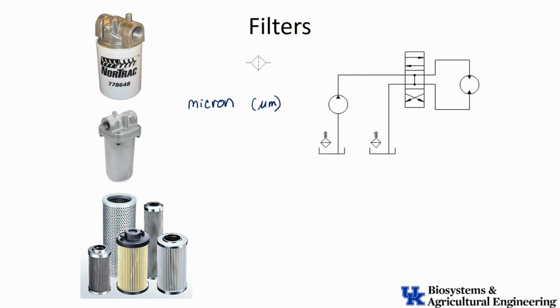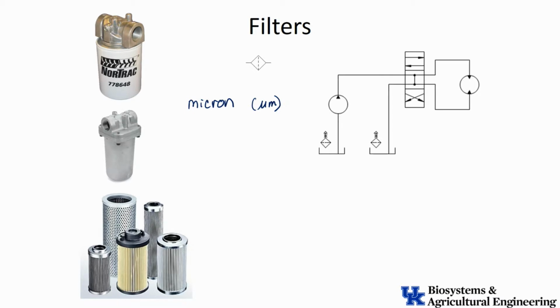We have to know the nature of our hydraulic system to know what size filter we need. We need to know the tolerances on all our valves and the clearances and everything. So we want to filter out everything that's big enough to get caught in a clearance in any part of our hydraulic system. That's where we would design that micron rating.